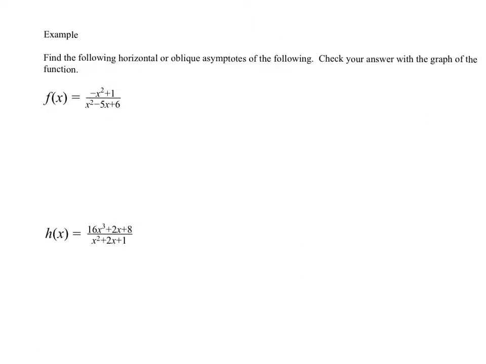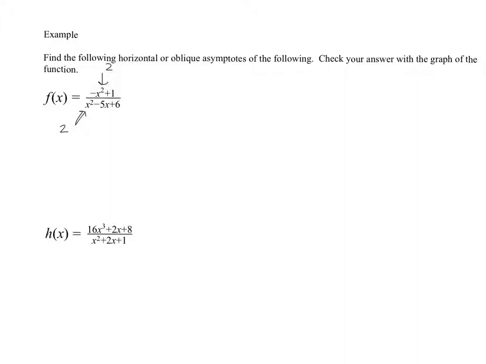So let's go ahead and do some examples. So we have f of x equals negative x squared plus 1 over x squared minus 5x plus 6. And we just want to do horizontal asymptotes. So first thing we want to do is identify the degrees of our numerator and our denominator. So my numerator is degree 2, as is my denominator.